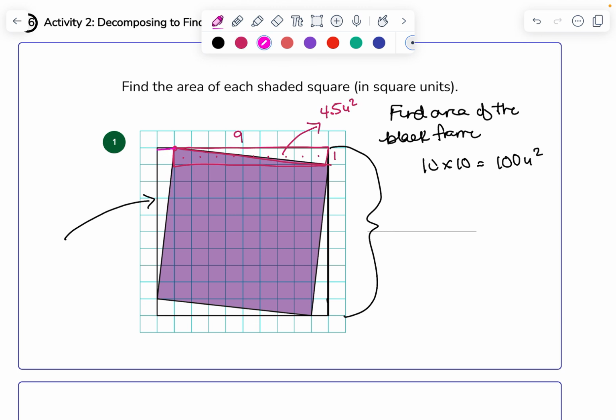If you notice, going around to all of the sides, we have again this 9 by 1 rectangle, and we would be subtracting 4.5 units squared from each side.